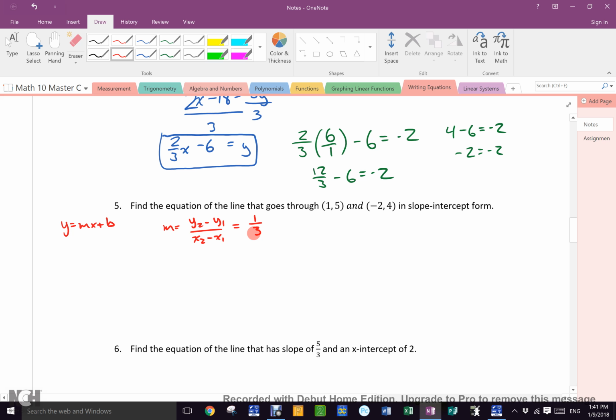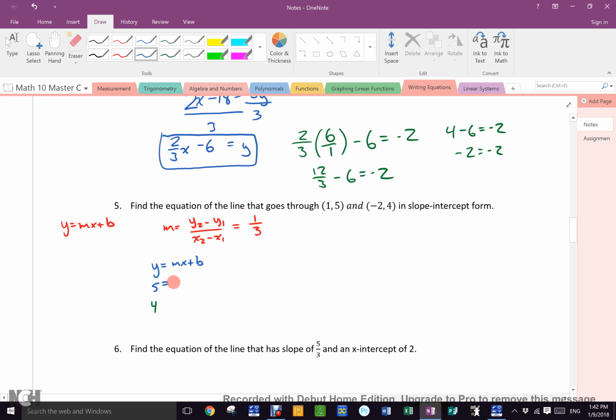Everybody cool? Okay. So now I need slope-intercept form, right? Slope-intercept form we know is y equals mx plus b. What can I put in there now? Do I have a y value I can put there? Really? What y value could I put there? I could put 5, or I could put 4.